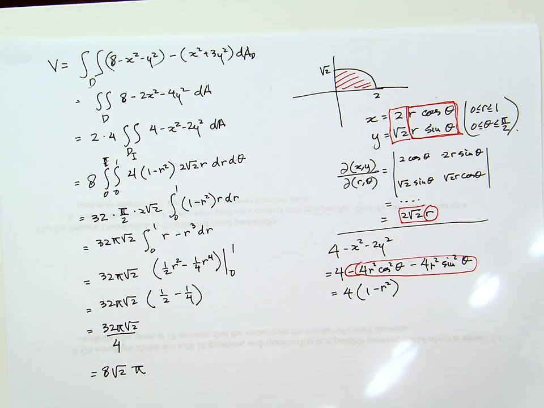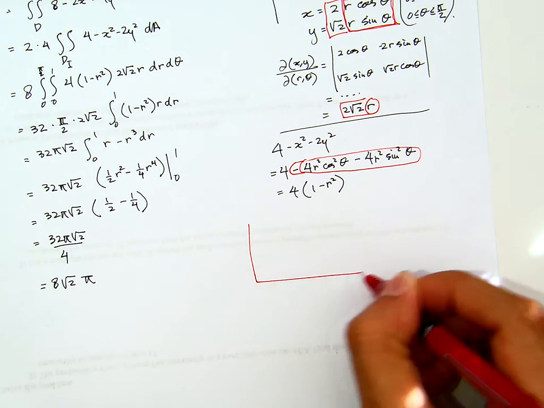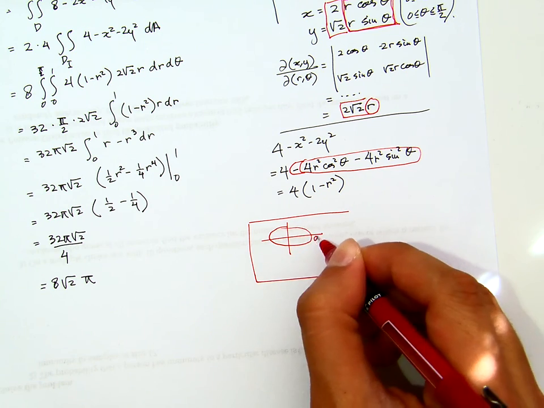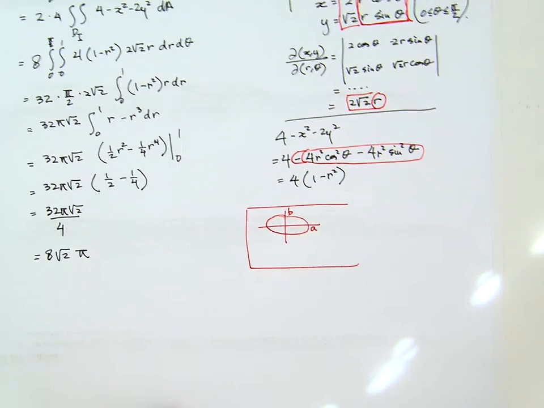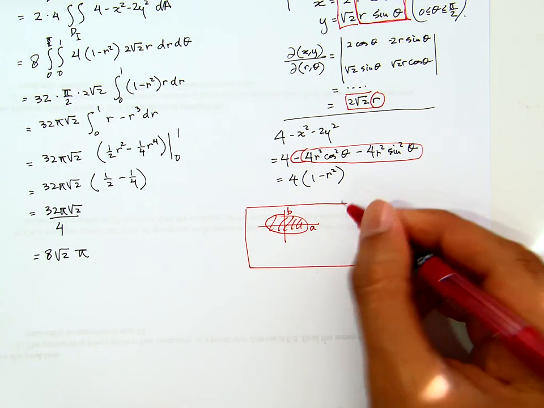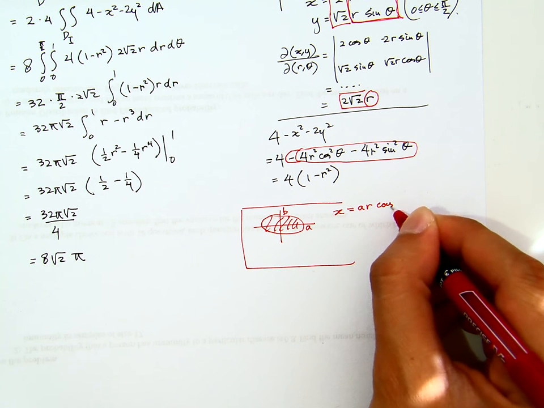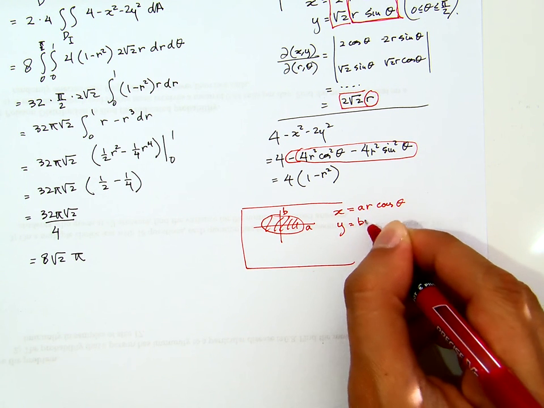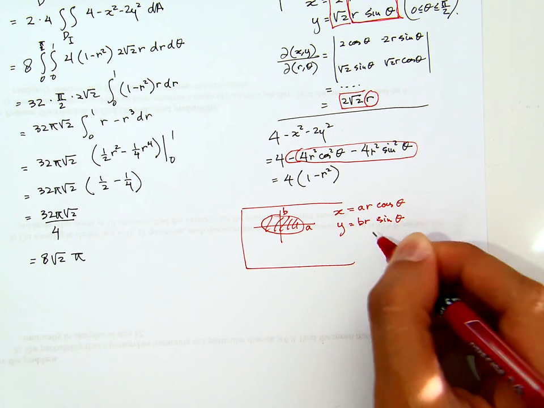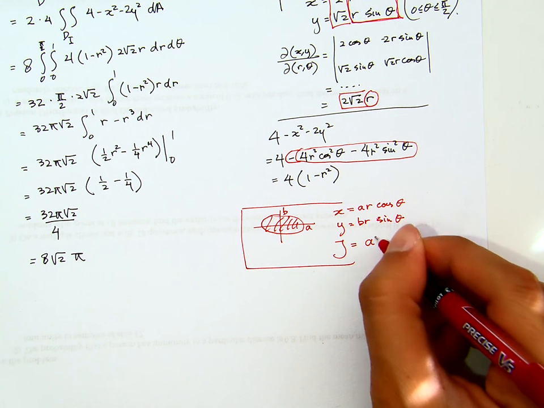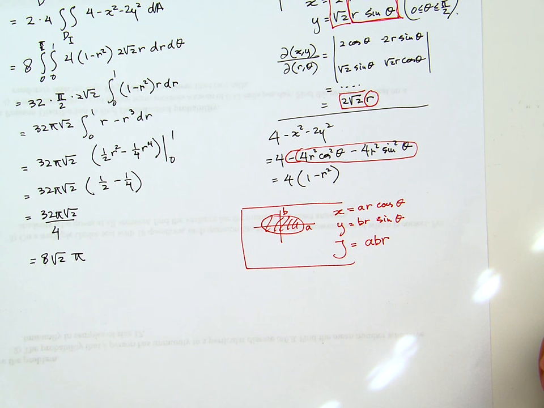In other words, a little note: in future, if we have an ellipse that looks like this, let's say this is A and this is B, then the parameterization of that disk will be x equals A r cosine theta, y equals B r sine theta, and the Jacobian of that will be, as you expect, A B r.